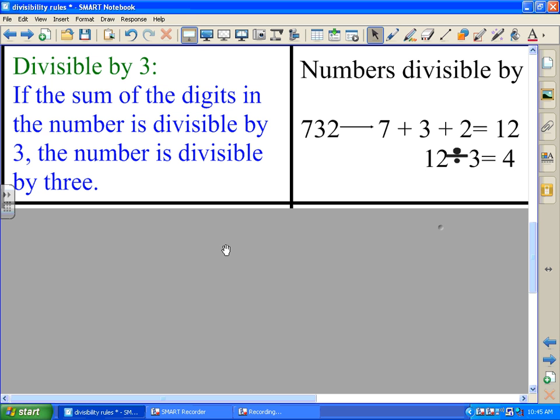So the rule is for 3. The rule is for the number 3. So here we go. Now, the rule for 3 states this.